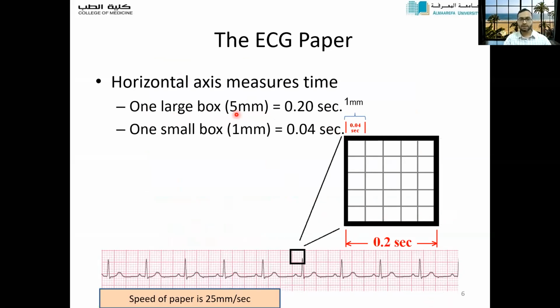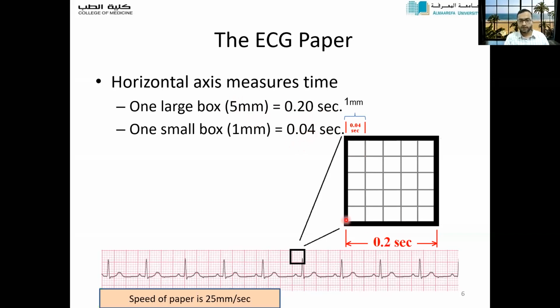These values come from the previous explanation: 25 millimeter equals 1 second, so 5 millimeters equals 0.2 second. Similarly, 1 millimeter on ECG paper, that is one small square, equals 0.04 seconds.